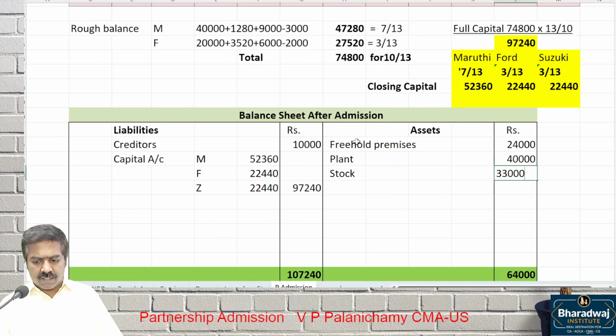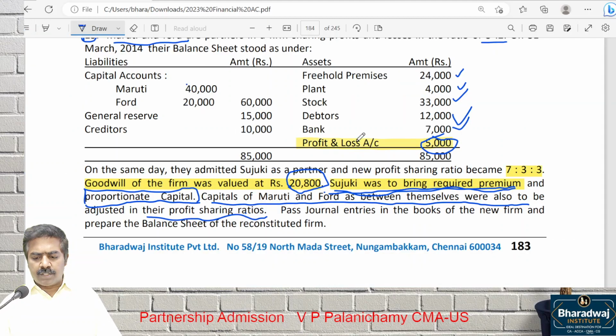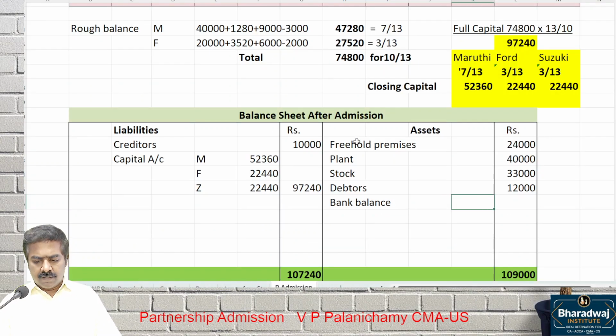33,000. Stock 33,000. Then debtors. Only the bank balance will change. Bank balance, what is old balance? 7,000. Add which partner brings?